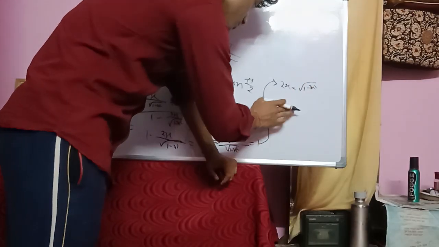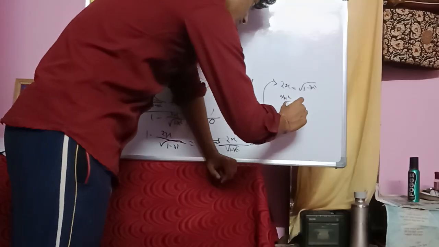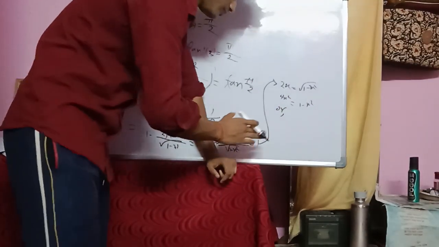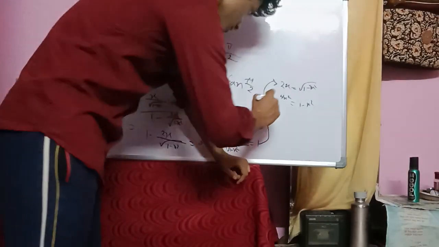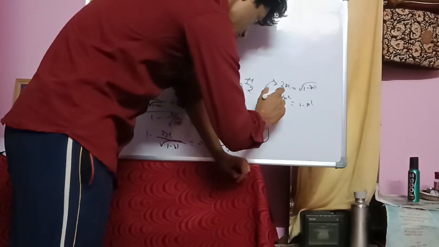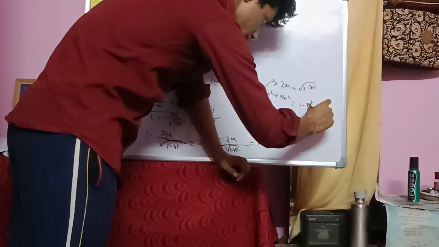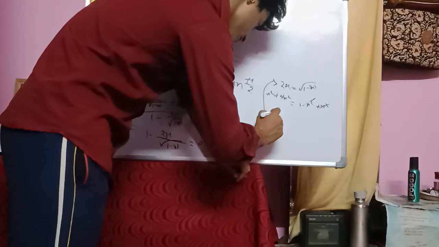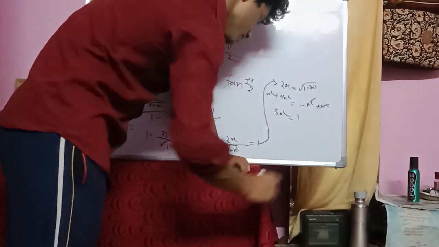Squaring both sides, we would get 4x square equals 1 minus x square. We can add x square to both sides, and we have 5x square equals 1.